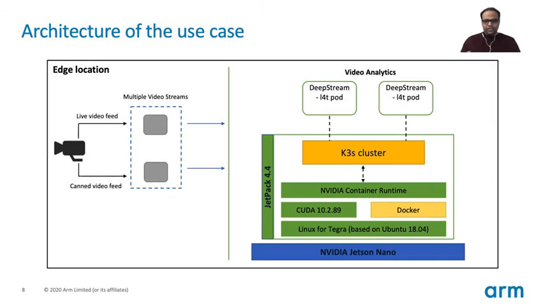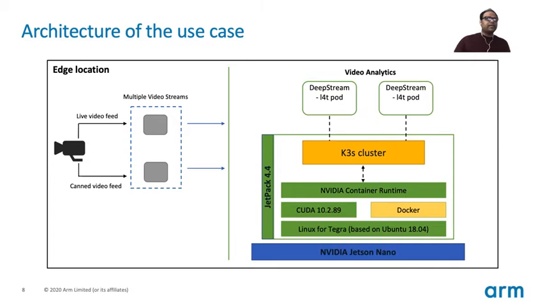Now, let's talk about the right-hand side. On the Nvidia Jetson Nano, these platforms run a flavor called L4T, or Linux for Tegra, that's based on Ubuntu 18.04. This operating system, along with the CUDA-X drivers, here CUDA 10.2, comes as an SDK and is packaged into what's called JetPack.